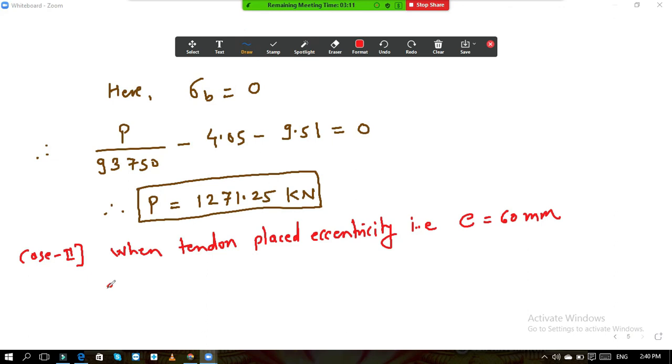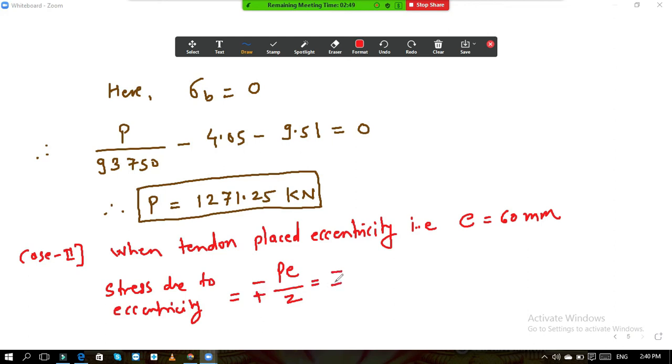So stress due to eccentricity, which is equal to Pe by Z. Okay, Pe by Z, it is minus at top, plus at bottom.